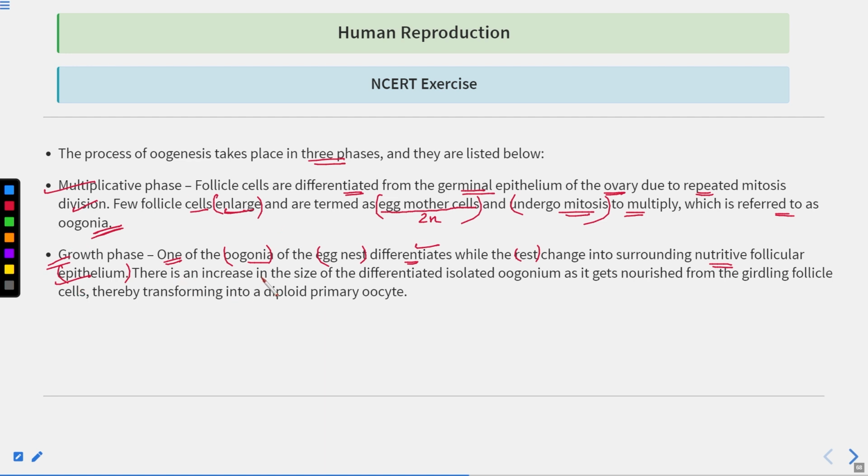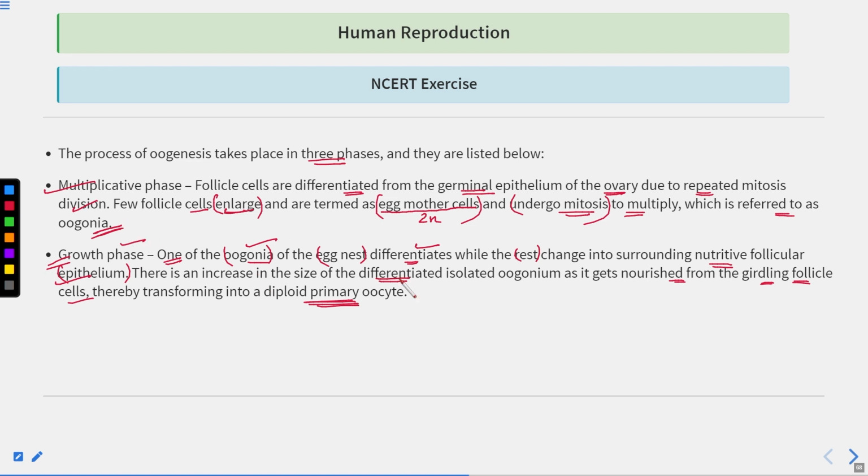Clear? So there is an increase in the size of the differentiated isolated oogonium. So this oogonium will enlarge, and it gets nourishment from the surrounding follicular cells, thereby transforming into a diploid primary oocyte. So this is how the primary oocyte is formed.